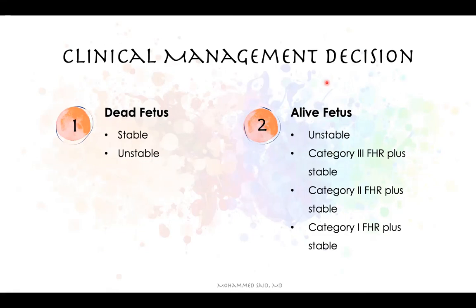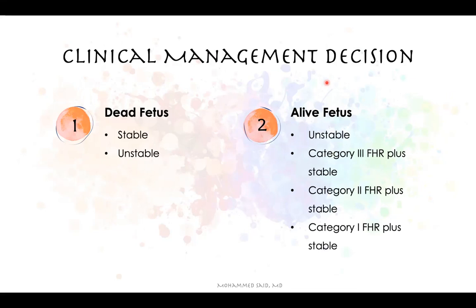So you stabilize the mom, and then unless you have an imminent vaginal delivery, you go for a C-section for maternal indication, which means you're going to do the C-section regardless of the fetal status and regardless of the gestational age, because this is a C-section for maternal reason. It's not for fetal reason, right?